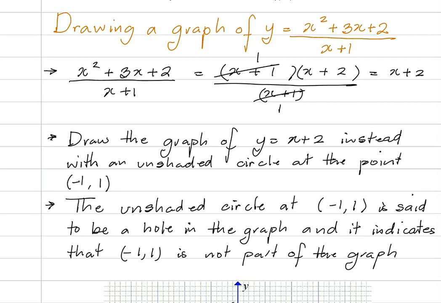So to draw the graph of y equal to x squared plus 3x plus 2 divided by x plus 1, we will draw the graph of y equal to x plus 2 instead, with an unshaded circle at the point minus 1, 1. The unshaded circle at minus 1, 1 is said to be a hole in the graph, and it indicates that minus 1, 1 is not part of the graph.